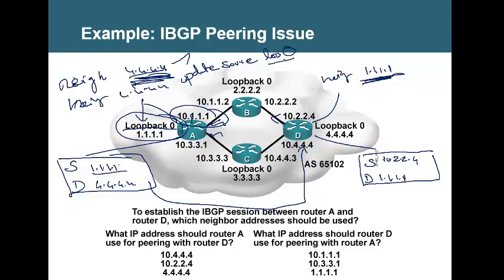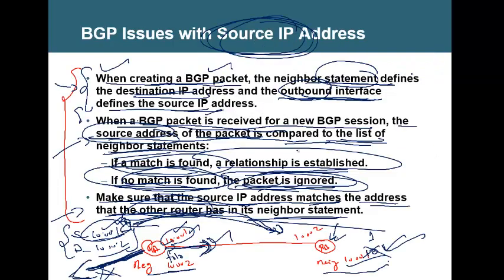Now if the packet goes, is it matching with the neighbor statement? Is the source address matching with the neighbor statement? Answer me. Yes, it matches. If it matches, the neighbor is established. You see, if a match is found, the relationship is established.